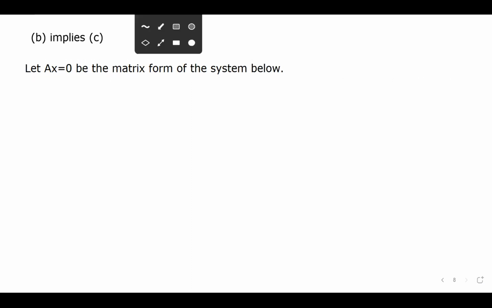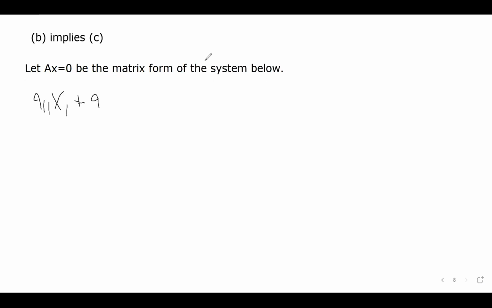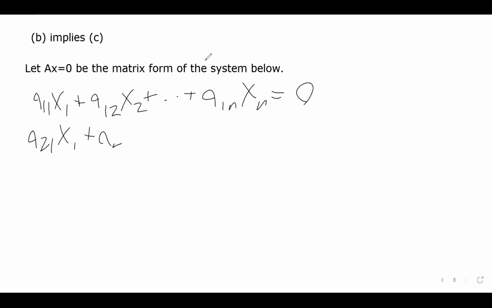Okay, so that system is A11 X1 plus A12 X2 plus dot dot dot plus A1n Xn is equal to 0. A21 X1 plus A22 X2 plus dot dot dot plus A2n Xn is equal to 0.